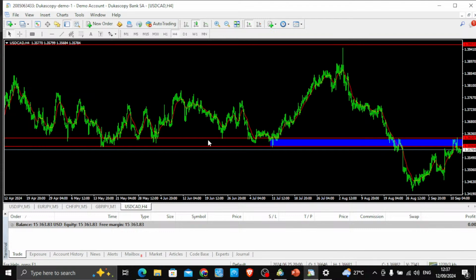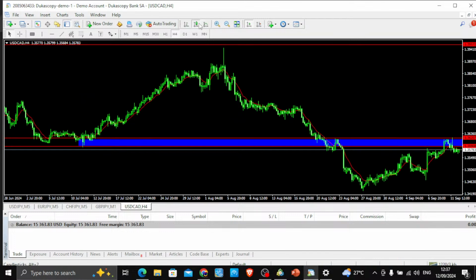It has broken this structure, which means it is telling us that it is bearish. The 4 hours and the daily chart are giving us the same information.